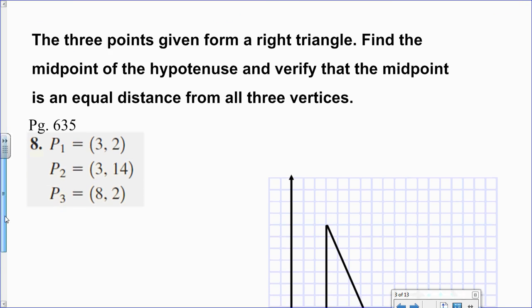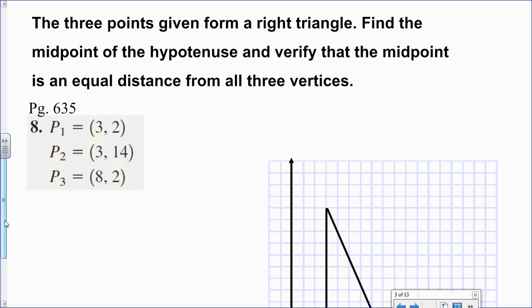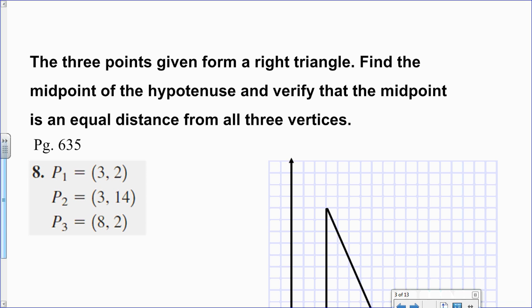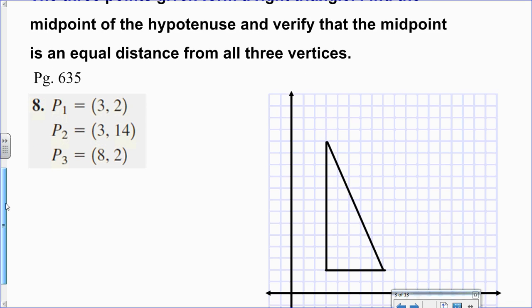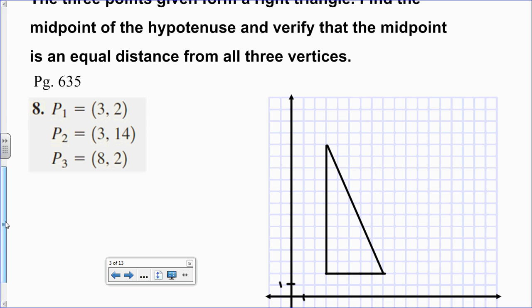So if I take these points and I sketch them on this graph, I'm just going to mark my scale right here, kind of by lines here.